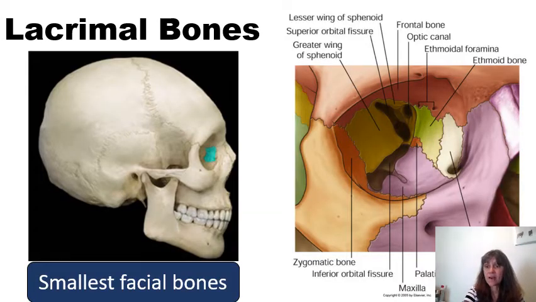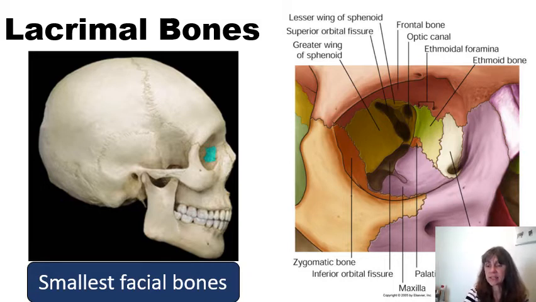Here we have the lacrimal bones. You can see the lacrimal bones on the skull. You can also see the lacrimal bone in beige on the picture on the right.